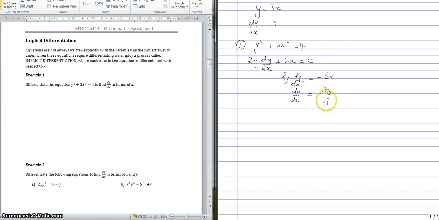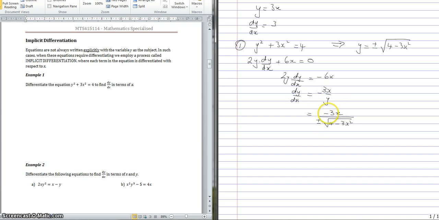So what we need to do is substitute y for the expression here. We're going to rearrange this, make y the subject, and substitute that in for y. So this is going to become y equals plus or minus the square root of 4 minus 3x squared. So this needs to then go in here: negative 3x over plus or minus the square root of 4 minus 3x squared.